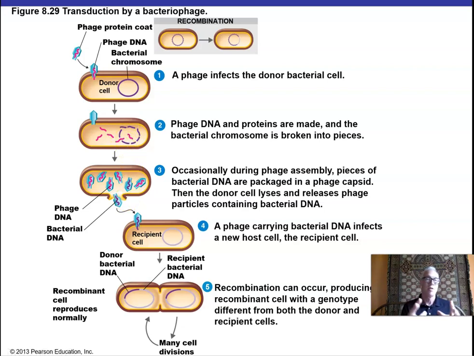The phage particle is just a capsule of protein coat that's around the genome, and when that gets injected into a recipient cell, now we're not injecting phage DNA, we're injecting bacterial DNA, including a gene that maybe causes disease or a gene for antibiotic resistance or whatever it might be, which can now be incorporated into the genome of that cell and then given to all its offspring. So now we have transferred genetic material from this donor cell into this recipient cell by way of a phage particle. So that's called transduction.